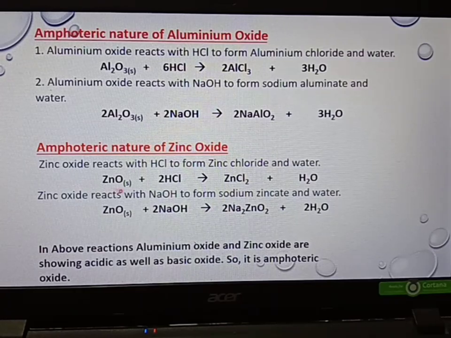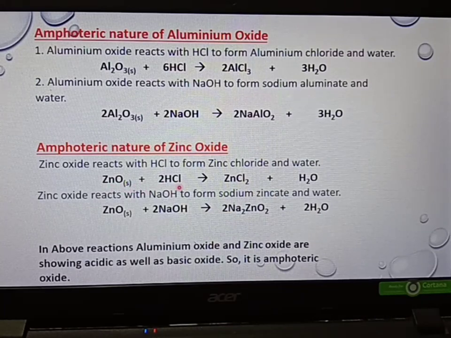Now, amphoteric nature of zinc oxide. Zinc oxide will also react with acid or HCl. Zinc oxide will also react with NaOH. When zinc oxide reacts with acid or HCl, it shows its basic characteristic.